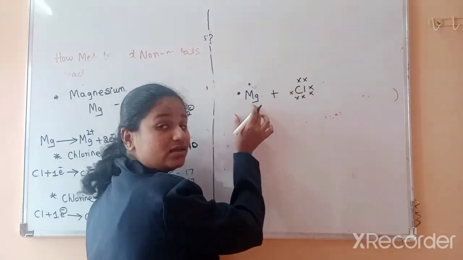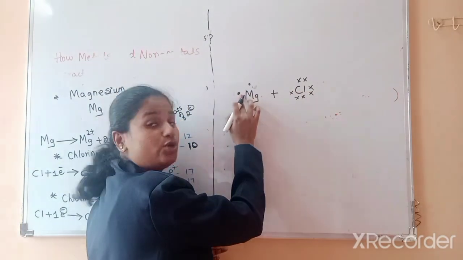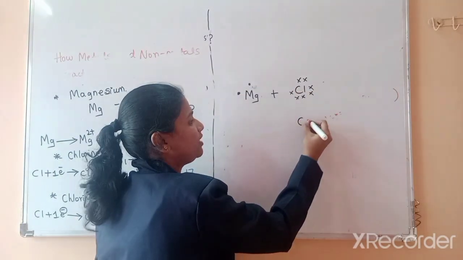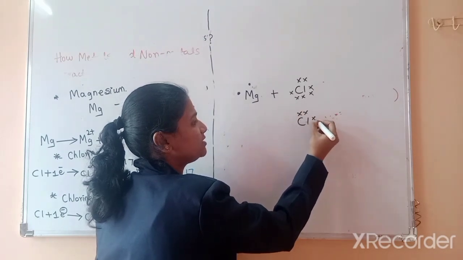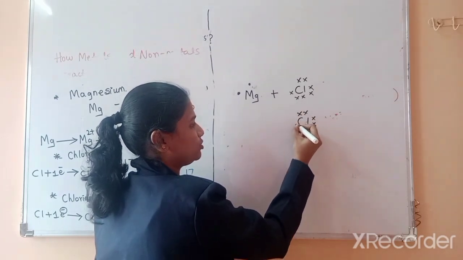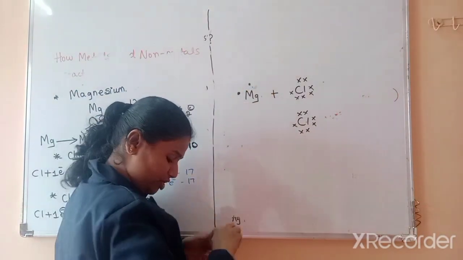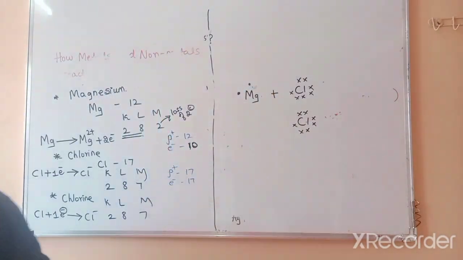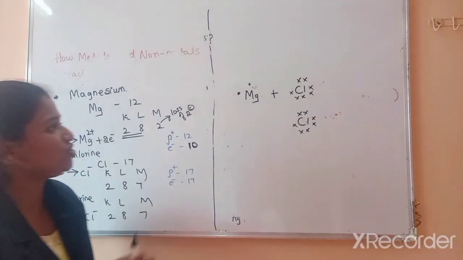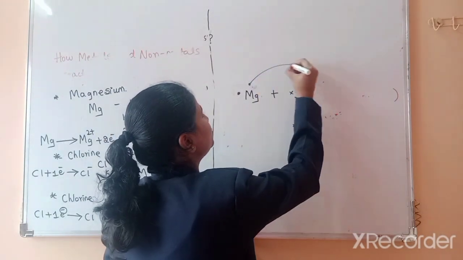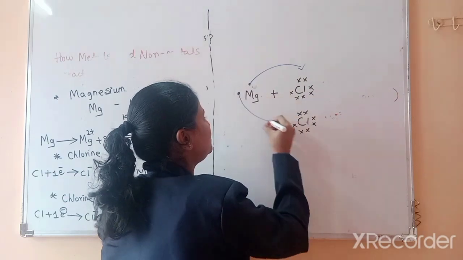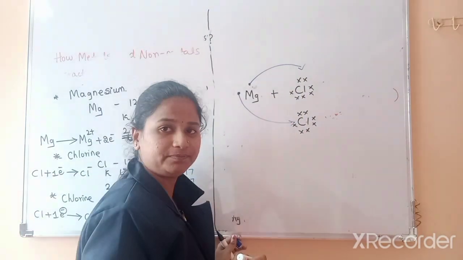As magnesium has 1 more electron to give, 1 more atom of chlorine we will consider which has 7 electrons. Right. So this magnesium gives 1 electron to this chlorine atom and the other electron to this chlorine atom.